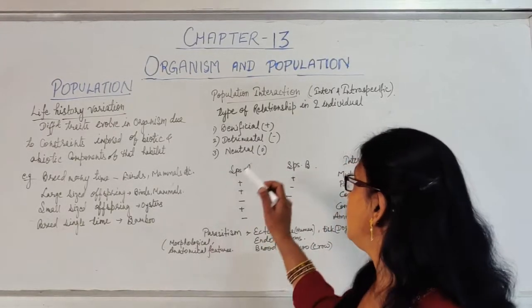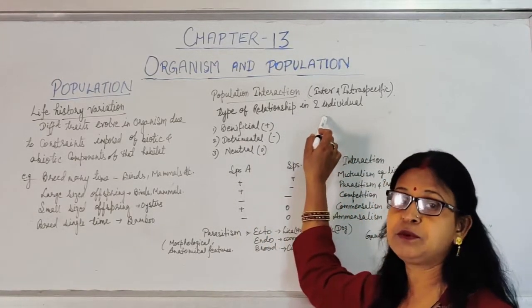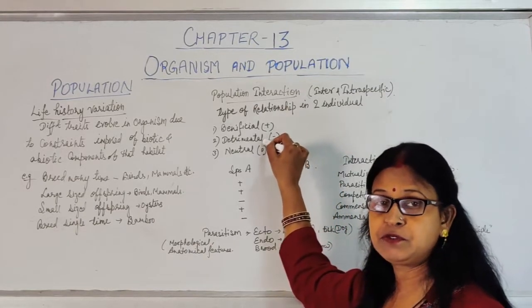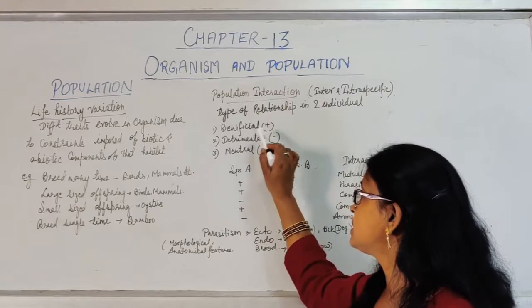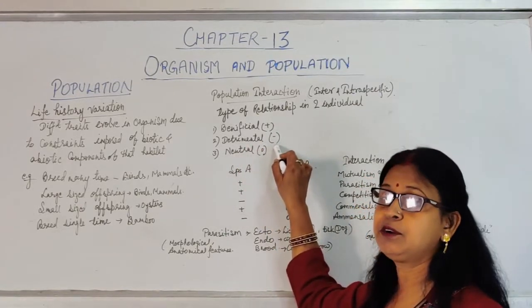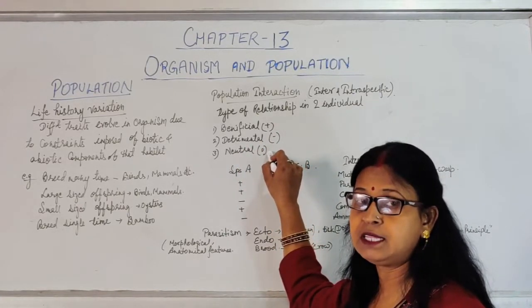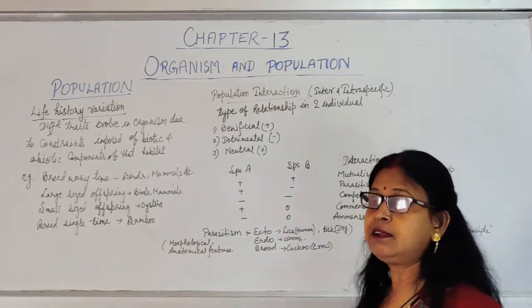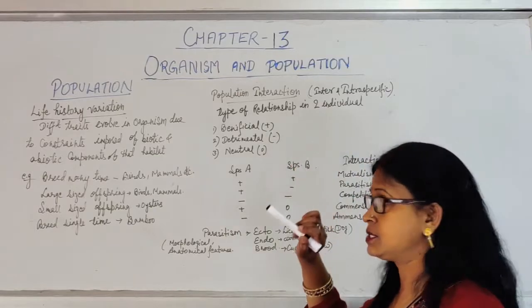Depending upon the relationship between two individuals, there are three types of interaction: beneficial, denoted by a positive sign; detrimental, denoted by a negative sign, where the organism is at a loss; and neutral, neither benefit nor loss.